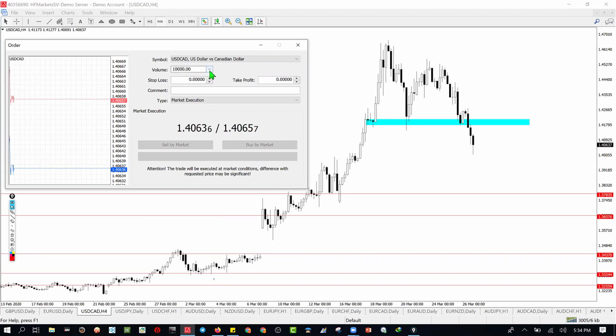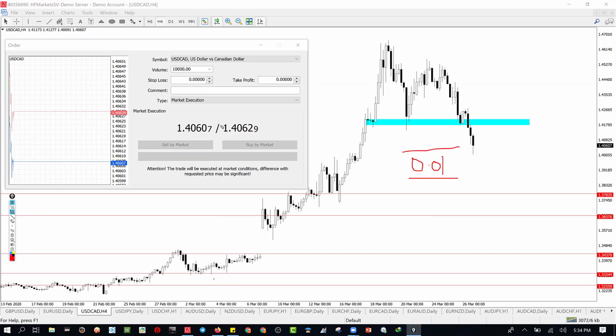So here comes the position size you wish to take on your trading account. Remember the smallest size on the trading account is 0.01. That is the smallest position size you can actually take.